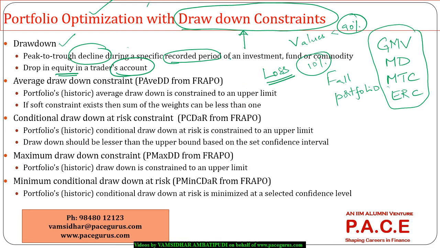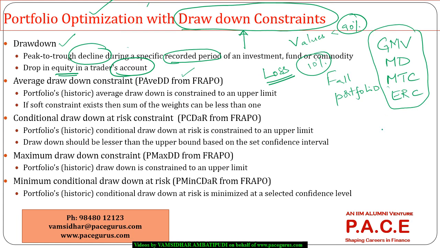So those are what come out as the drawdown constraint. It cannot happen that on one day I have generated a huge profit, the second day it has turned out into a loss. So they cannot tolerate the losses going beyond a certain point. So those are the constraints that we are setting while building the portfolio.